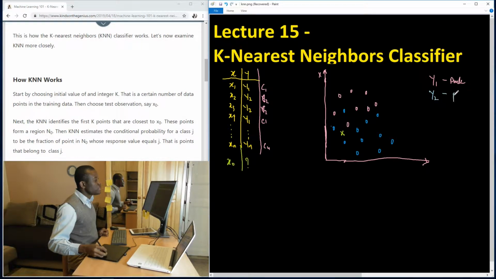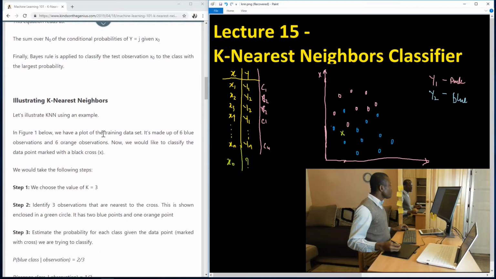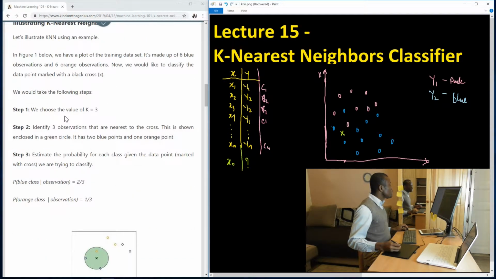Okay, so let's see the procedure that the k-nearest neighbor classifier will follow. The first thing is to choose the value of k. You need to choose the initial value of k. So let's say we choose k is equal to 3.